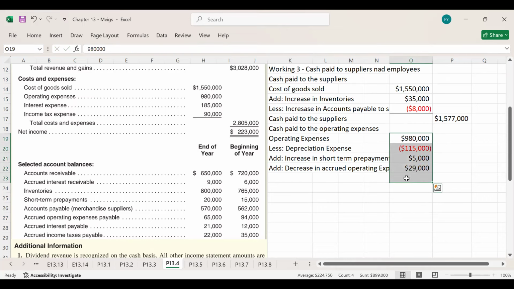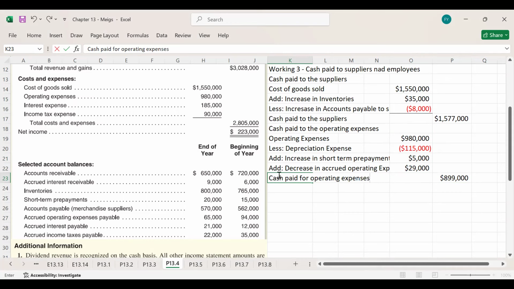Next is to calculate the total of any increase or decrease from operating expenses. Here you can say cash paid for operating expenses, and when we add both of these we get the total.